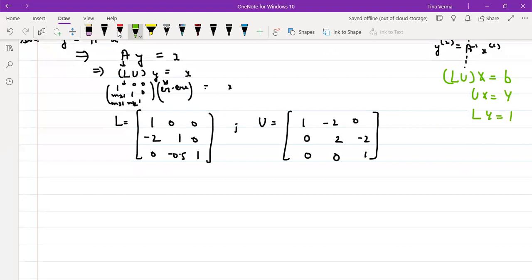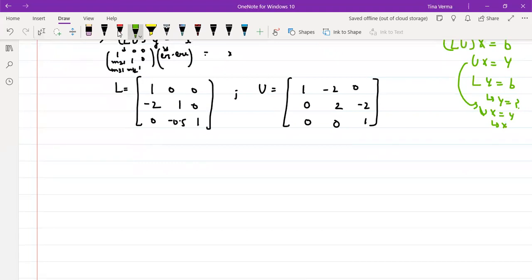We solve Ly = B, find the value of y, then substitute the value of y and find the value of x. Since here you are already using y and x, what you can do is choose Uy equal to a new vector. Because you have to do the first iteration, take the vector Uy1 as z1.